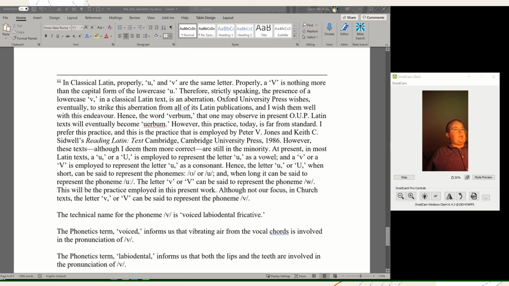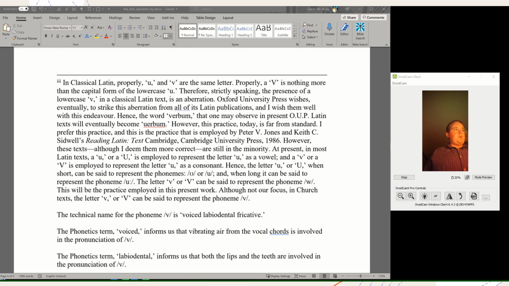I mentioned this up here, but I'll read this out again. In classical Latin, properly U and V are the same letter. Properly, a V is nothing more than the capital form of the lowercase u. Therefore, strictly speaking, the presence of a lowercase v in a classical Latin text is an aberration. Oxford University Press wishes eventually to strike this aberration from all of its Latin publications. And I'm just wondering here, did they do this yet?